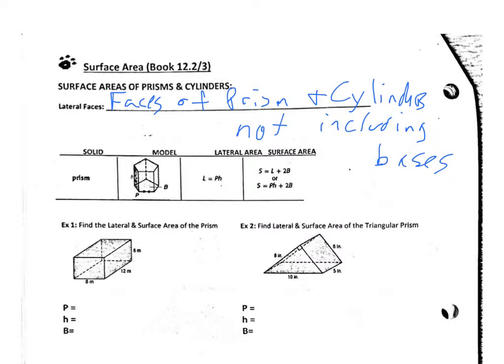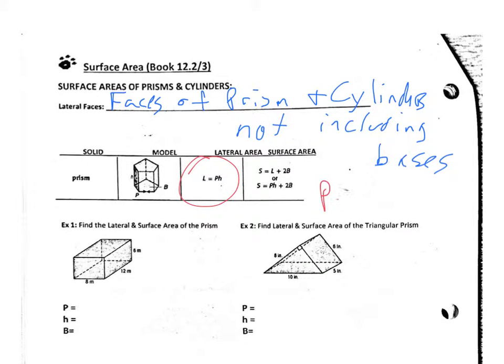Prisms and cylinders are similar in that they have two bases, and they're three-dimensional. The lateral area, we're talking about the area of the surface not including the two bases. So here we have the formulas for lateral area.